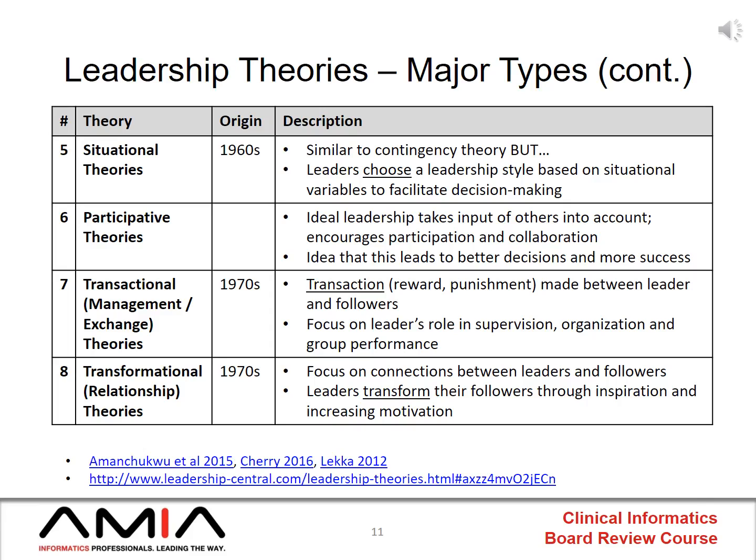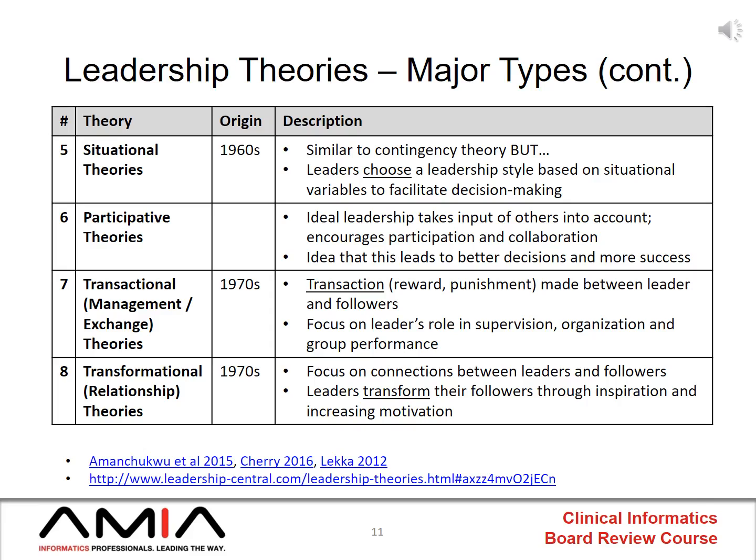Participative theories state that the ideal leader takes the input of others into account before decisions are made, and that the leader encourages participation and collaboration among members of the team. These theories also suggest that this type of leadership will lead to better decisions and more success.